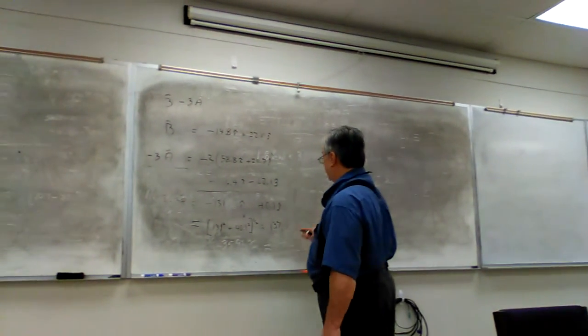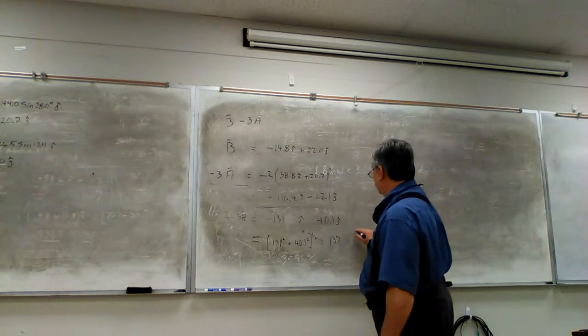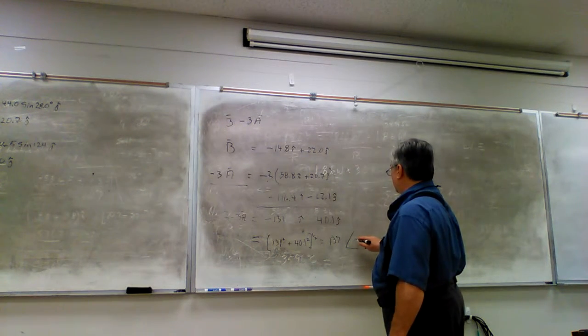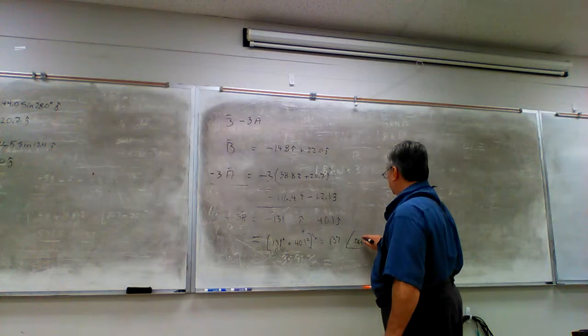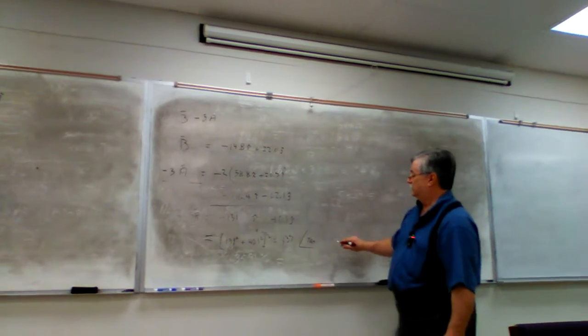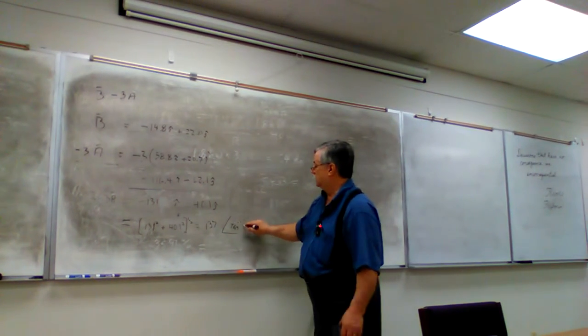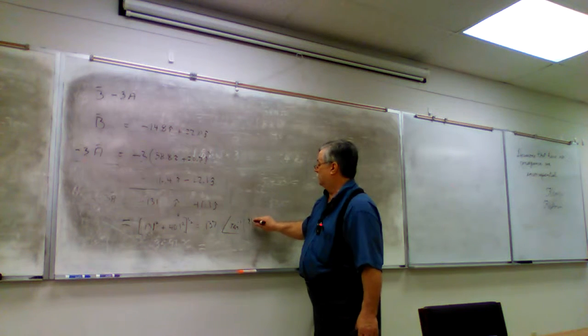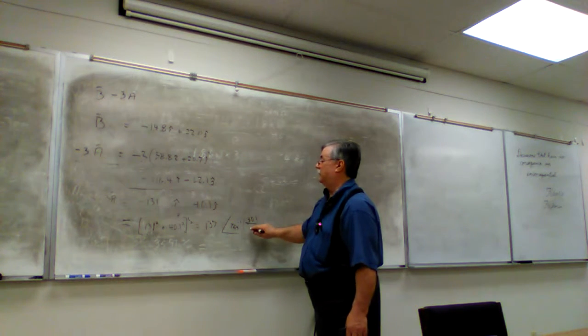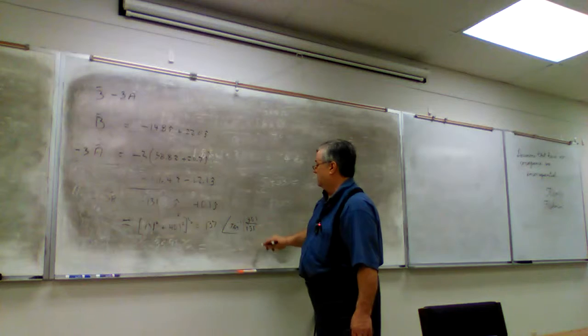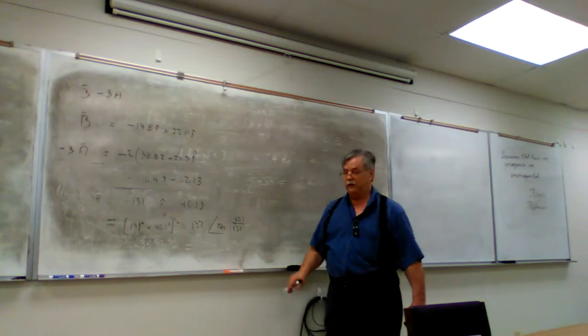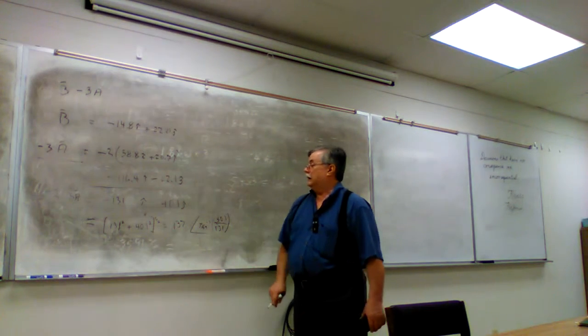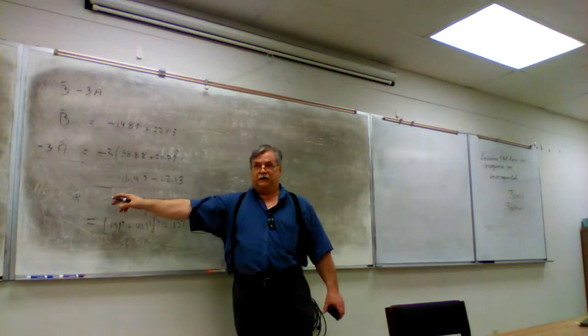And the angle theta is the inverse tangent of 40.1 divided by 131. The vertical divided by the horizontal. Again, they're both negatives.